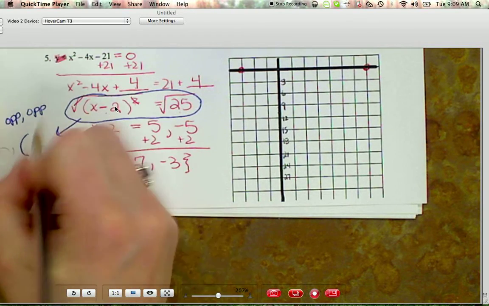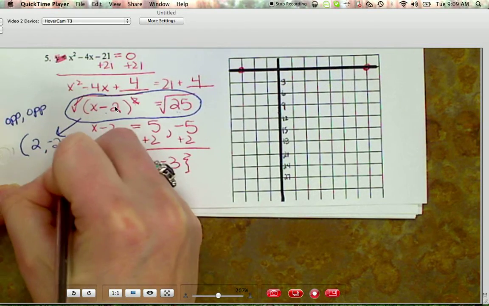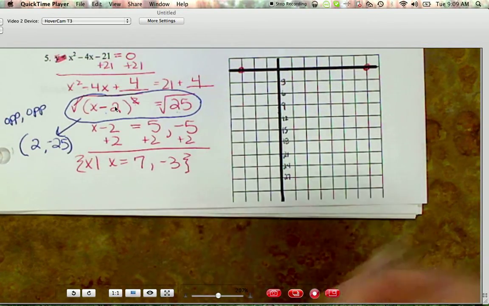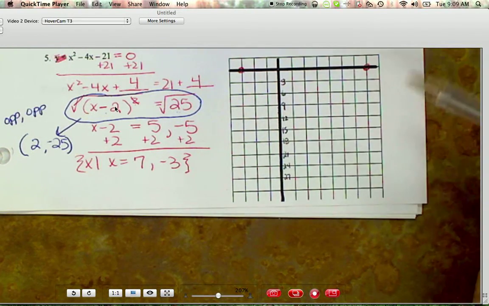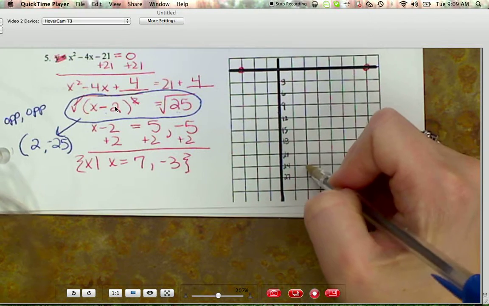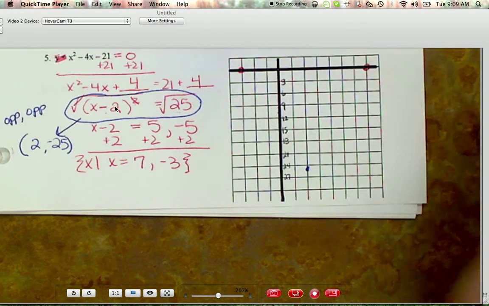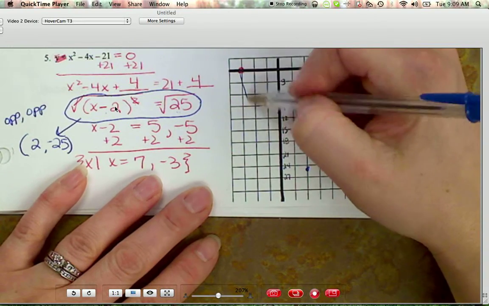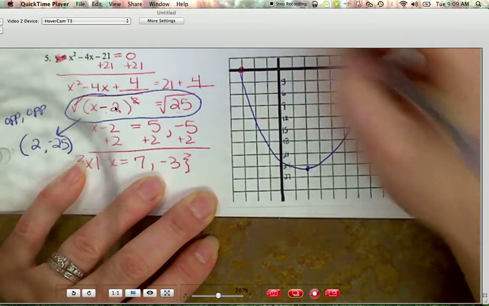The opposite of this value is 2. The opposite of this value is -25. Whoa, that's a big number. It's a good thing that we're going by 3's instead of by 1's here. So we're going to go to 2 and -25, which will be about right here. And we're all set to draw our huge parabola here.